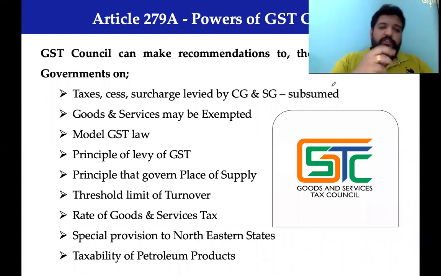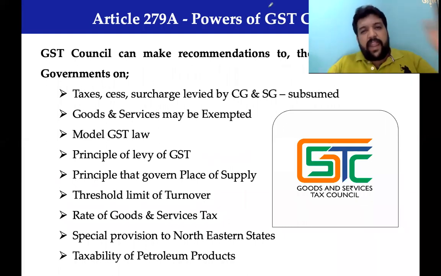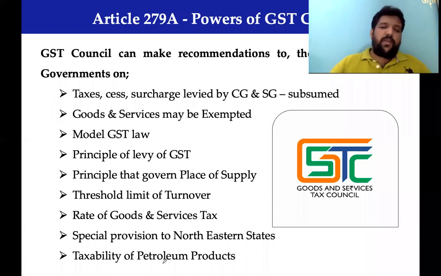What taxes should be subsumed? Whether a particular good should be exempted or taxable. If it's taxable, it has to be taxed at 5%, 12%, 18% or 28%. What should be the rate of tax for this product? Or discussion about what should be the threshold for registration.